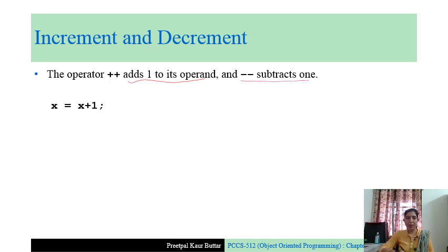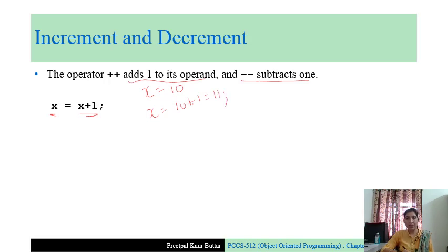For example, if we want to increment the value of some variable by 1, we want to make x equal to x plus 1. Initially the value of x is 10, we want to make it 11. What we will do? X equal to x plus 1 means 10 plus 1. Now the value of x will become 11.